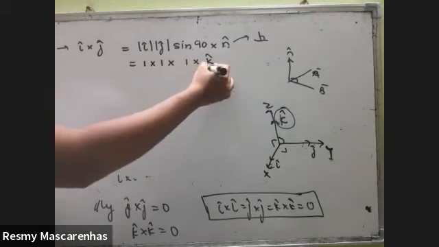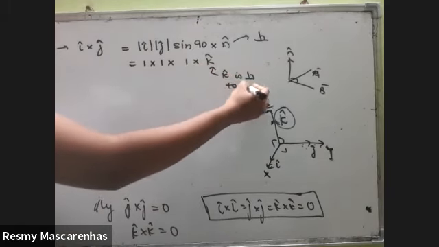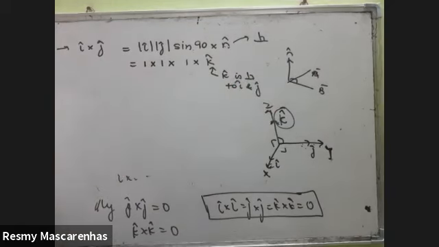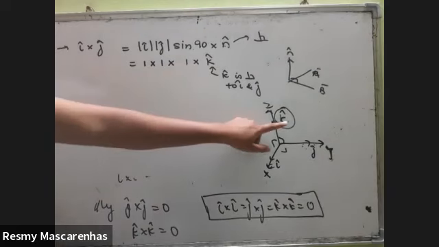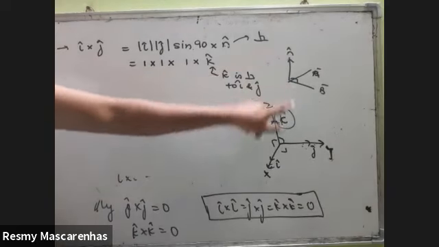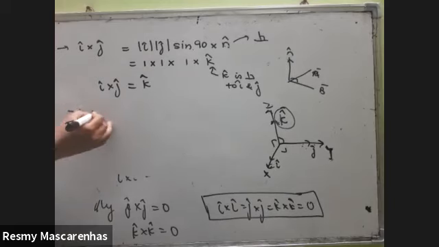So you can write k is perpendicular to I and j. So instead of n cap, I can use k cap in this case. So answer is I cross j will always be equal to k. Same way you try j cross k.